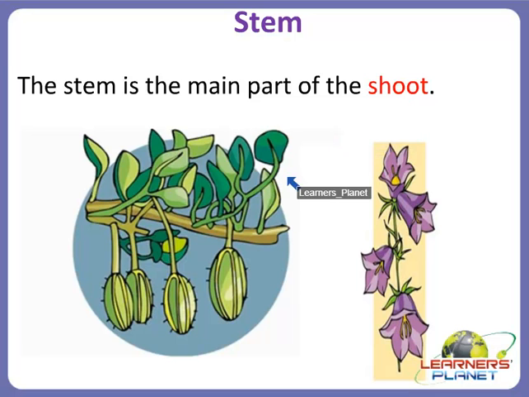The other parts of the plants, such as leaves, buds, and flowers, grow on the stem. So children, you can see in this picture that there are leaves, these are buds, and these are flowers. They all grow on the stem.